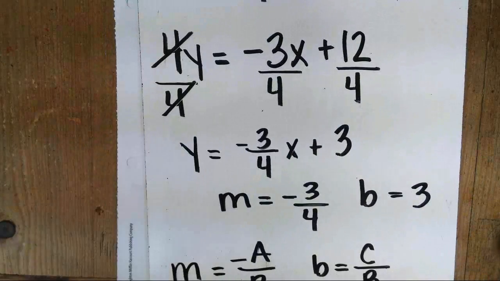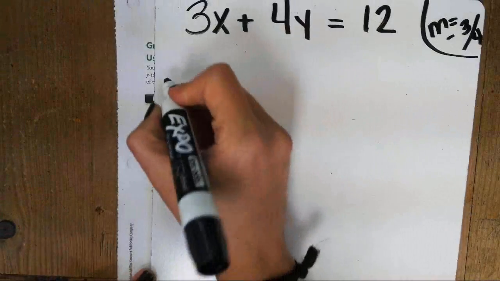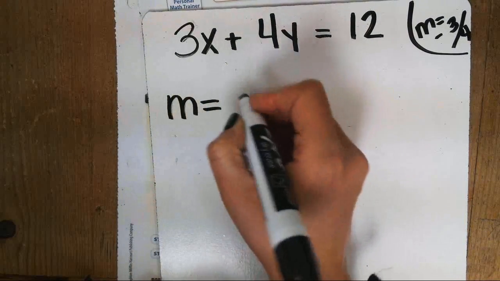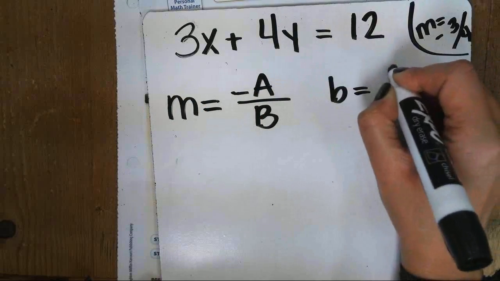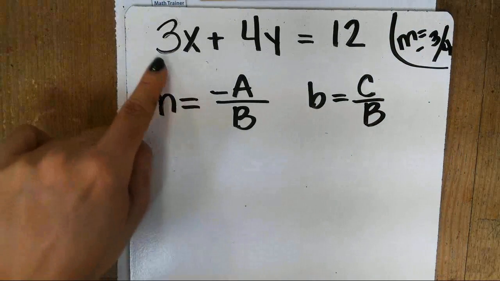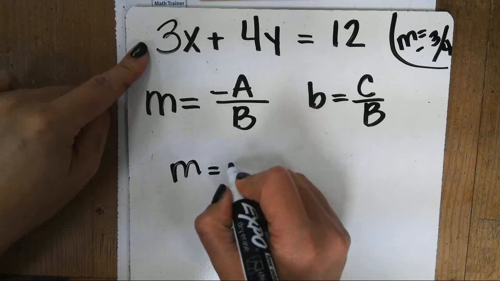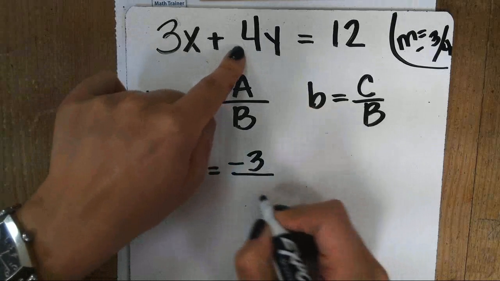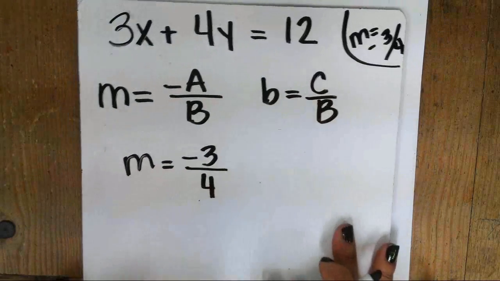Okay, so if you did this same exact method down here, which is what I had shown you before in that third method, if your equation is written in standard form, you can find your slope and intercept using this little method here. So the opposite of a in this equation is from positive to negative, so I have negative 3 over my b. And that's the same thing that we had gotten the first time around.